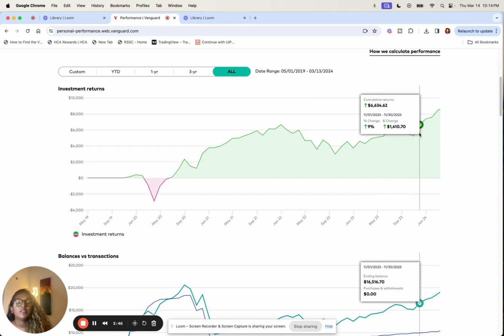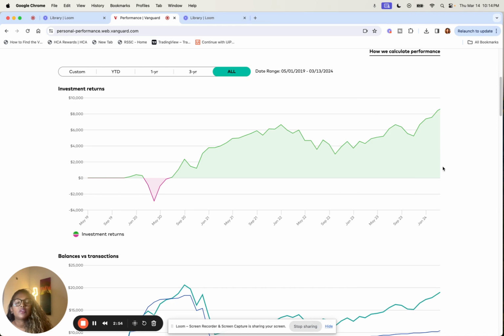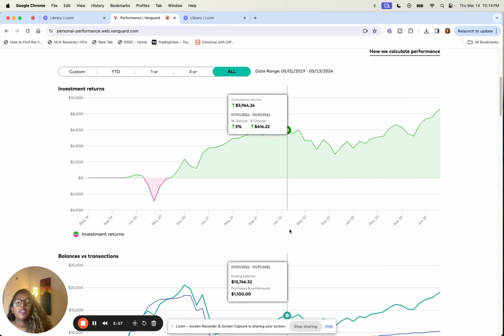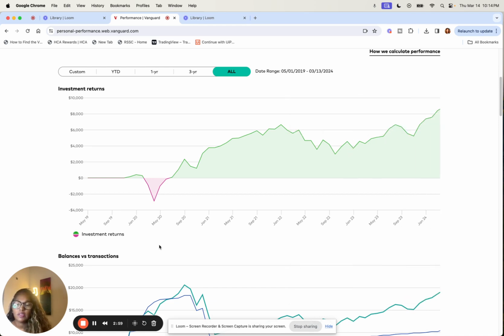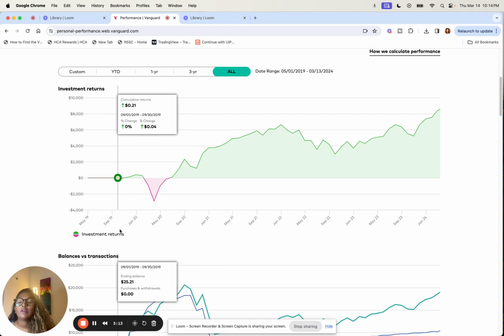Looking at this graph, you can see clearly that it keeps rising year over year, which is very telling of how investing in an account and in a fund can accumulate over time. So if you're very hesitant about this, it does pay off in the long run.